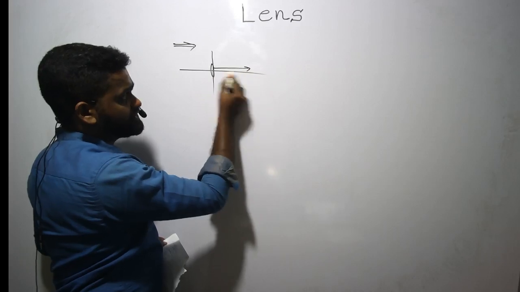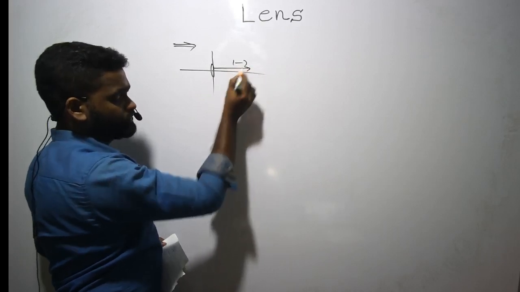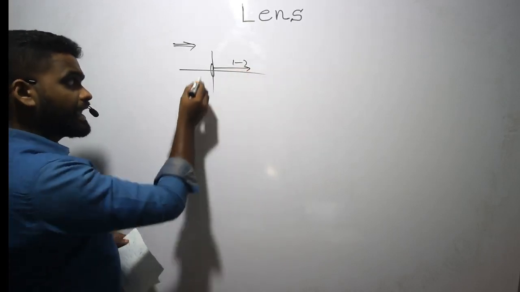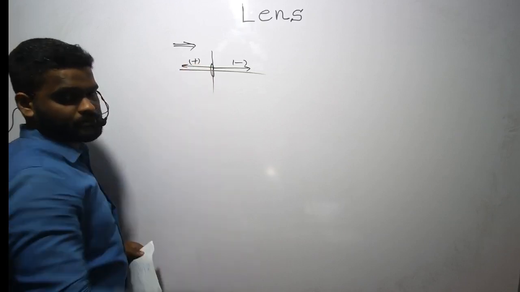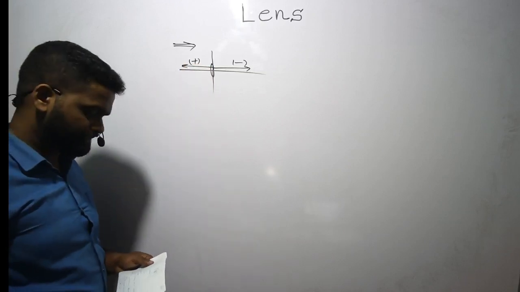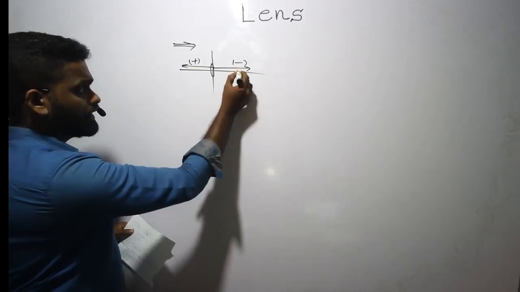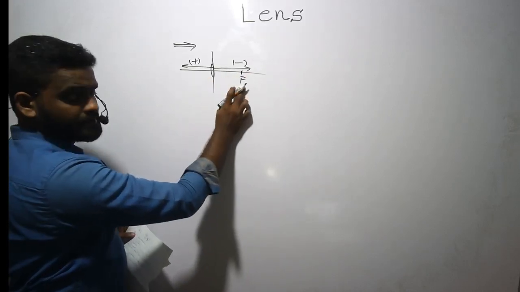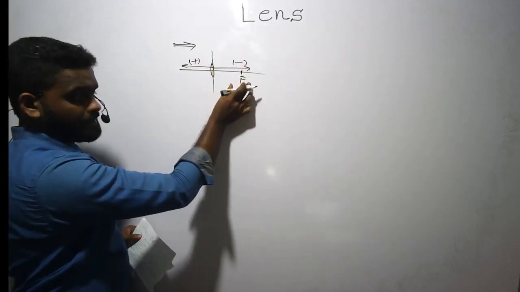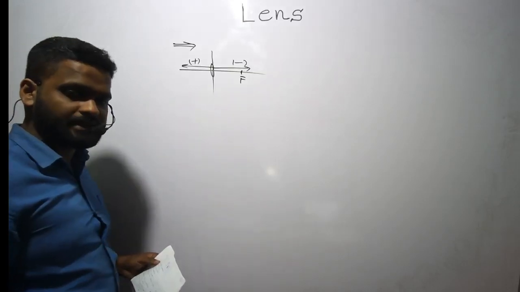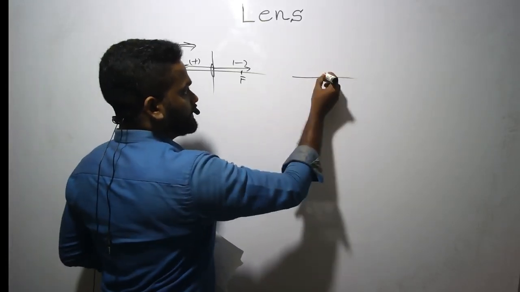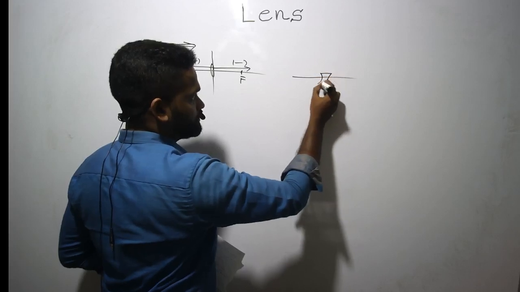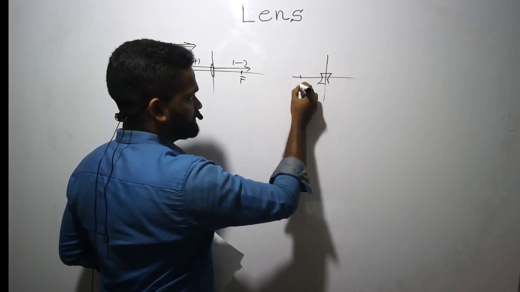Any measurement to this side, we take it as negative. Any measurement to the opposite direction of the light, we take it as positive. And we know primary focus is here, right? If the light is coming from here, primary focus is here for the convex lens. You can take this down with me. Then concave, you know the primary focus here.